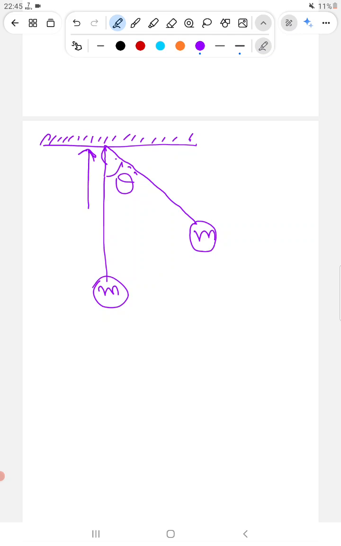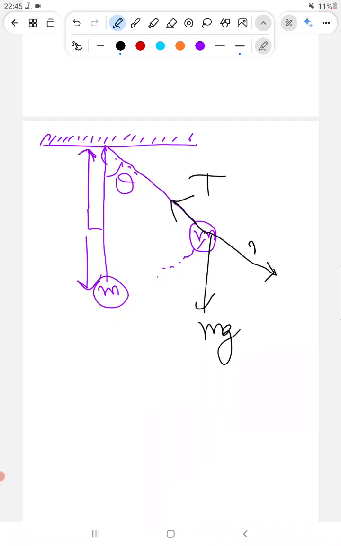This is the length of the string L, and the string is attached to the bob. The bob has a tendency to return back, and the forces acting on the mass m are tension and mg downward. We take the component of mg parallel to the string, mg cos theta, because if this angle is theta, this angle is also theta, and the perpendicular component is mg sin theta.